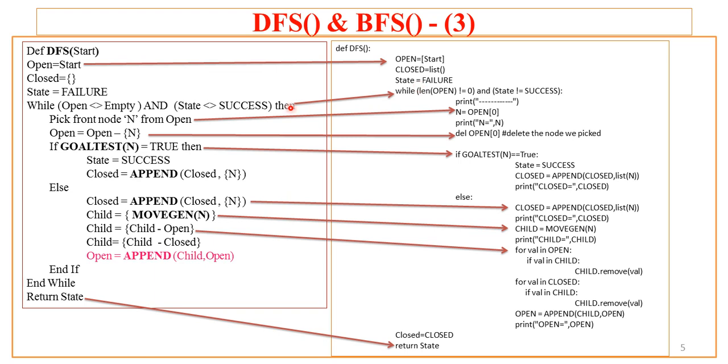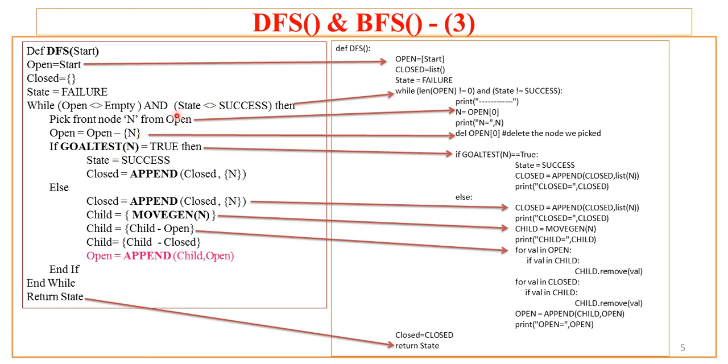That means we have not yet reached the goal state, so that's why the state variable is initialized with the boolean value failure. Now the while loop has two test conditions. The while loop iterates till open is not empty and state is not success. If either one of these two conditions fails, the algorithm comes out of the loop, and this is maintained using while.